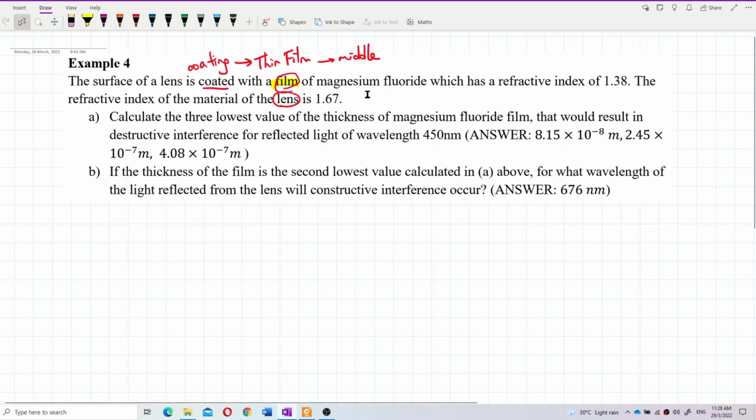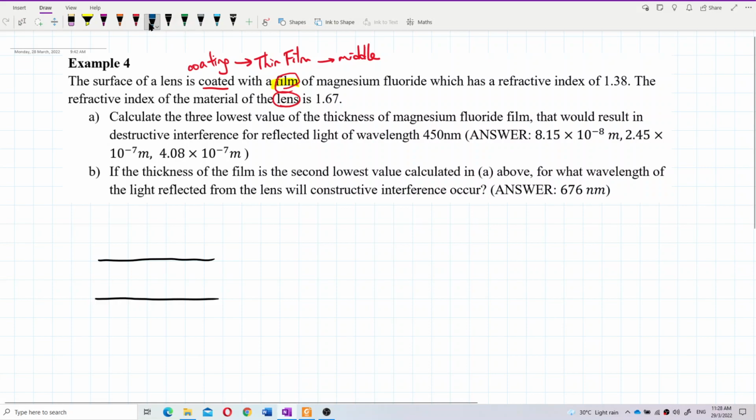Okay, let us draw these three layers first. The upper layer, of course, is the air. The lens is coated with the film, so the lens should be at the bottom.